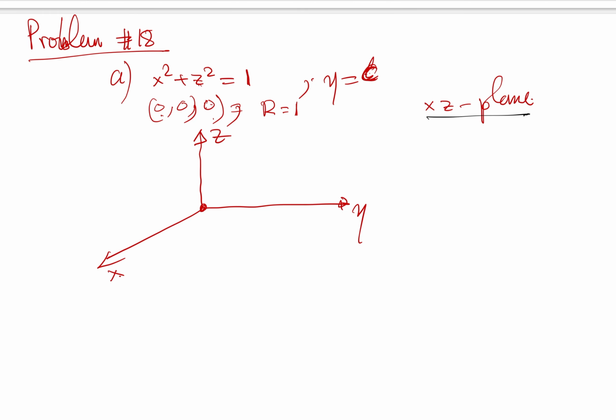The cross section is called the trace. On the xz plane, the trace is a circle. Why is it a circle? Because of this equation. It is a circle centered at 0 with radius 1. So just make sure you have 1 here and 1 here. So you have a circle here.